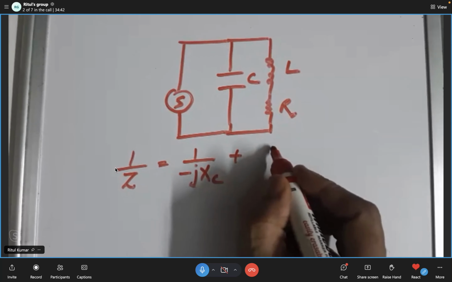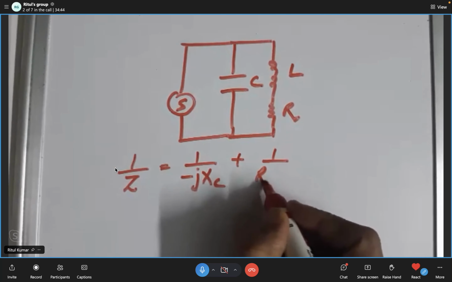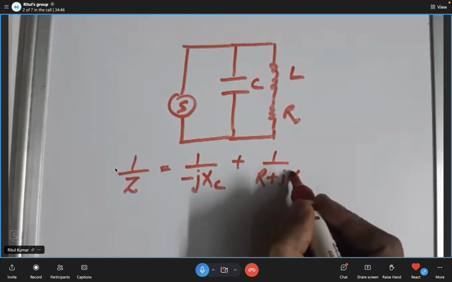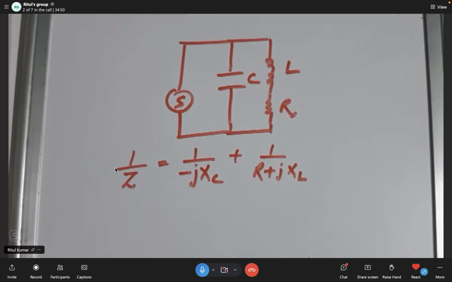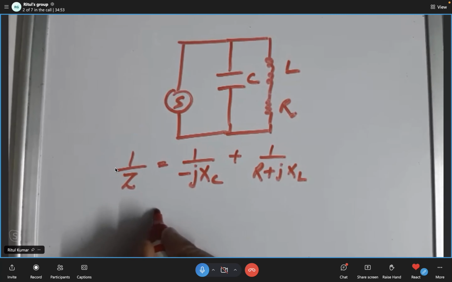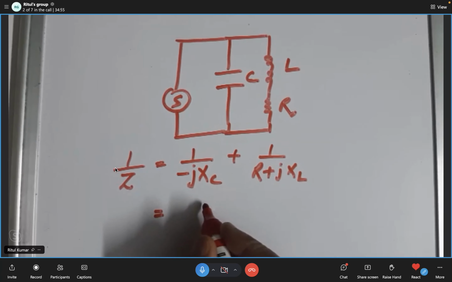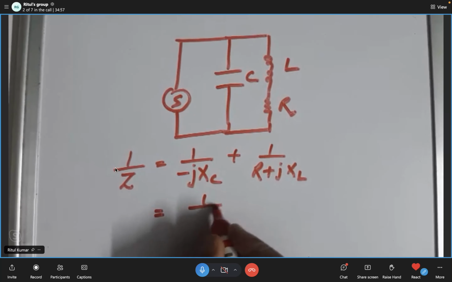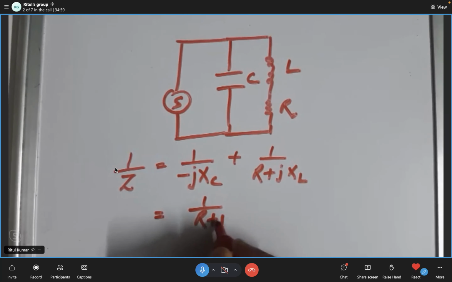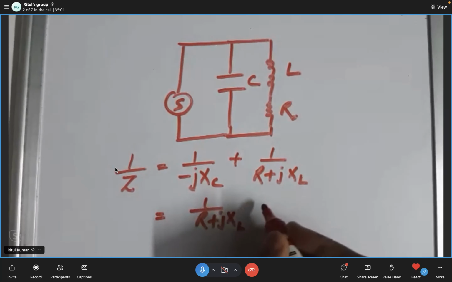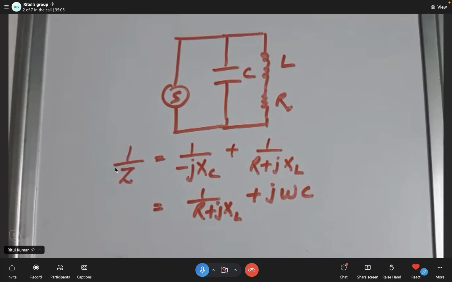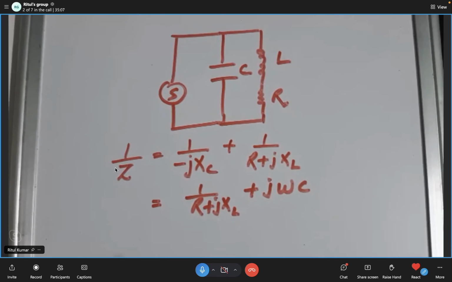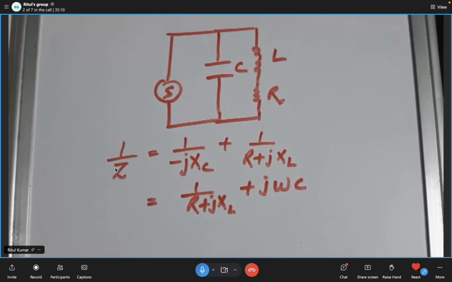Plus 1 by R plus J omega L, or XL, let us say. Which will boil down to, you're again aware of the same, 1 by R plus JXL, plus J omega C, right, dear? Yes, sir.